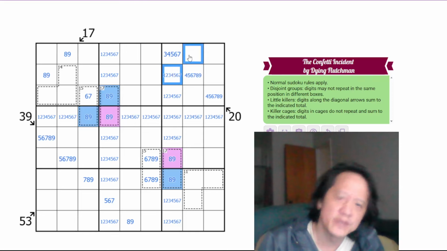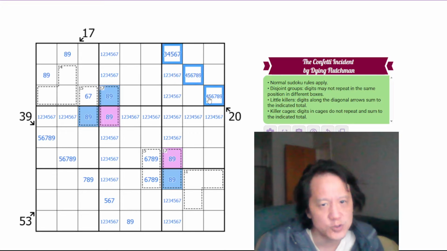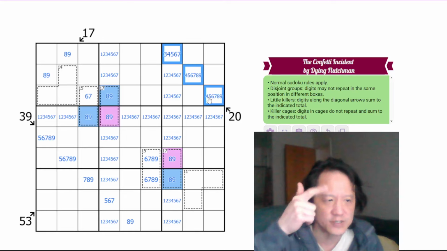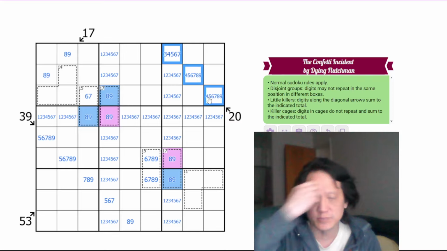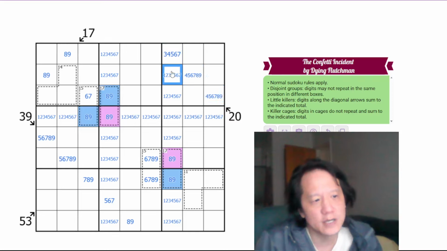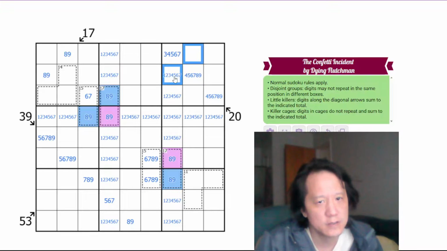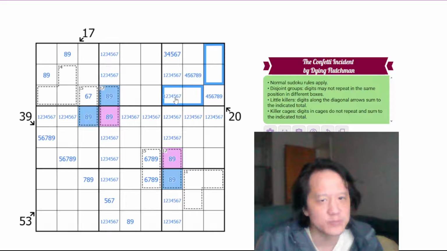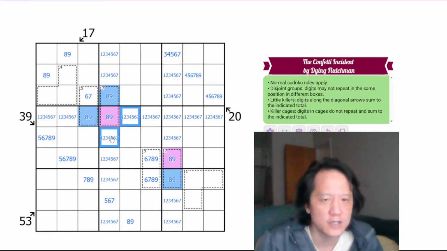No, it cannot be 7 and 9. If this is 7 and 9, this adds up to 20, but it adds up to 20 without 7 and 9, but that would be 5, 6, and 8 at most then, which adds up to 19. So it cannot be 7 and 9. This is 15 at most then. Because the rest, so this adds up to 20. This adds up to at most 10. That's 30. So this adds up to at least 10, which means this is 15 at most here. So we have 15, 13.